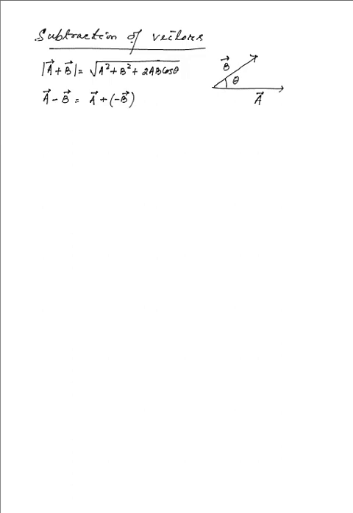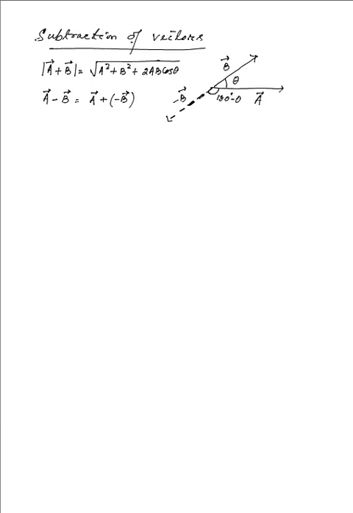Now, as you know, the minus B vector can be taken in the opposite sense that I am just representing by a dashed line along the opposite direction, and exactly the same magnitude goes up until here. So this is the negative B vector, like a negative is minus B. So the minus B vector acts along the opposite direction with the same magnitude, and the angle obviously is 180 minus theta.